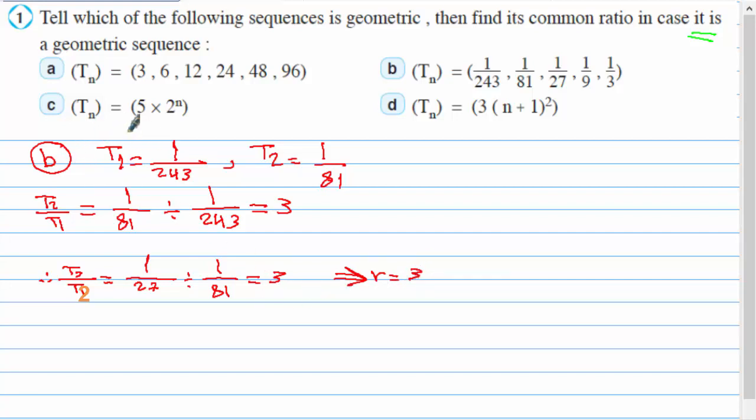Here in this sequence we have Tn equals 5 multiplied by 2 power n.